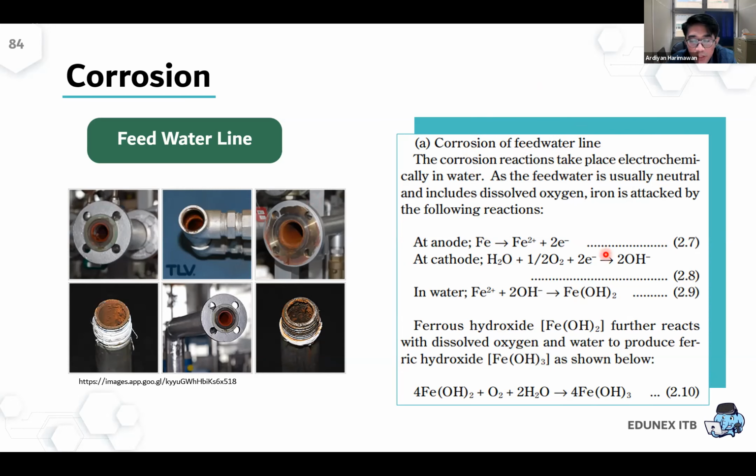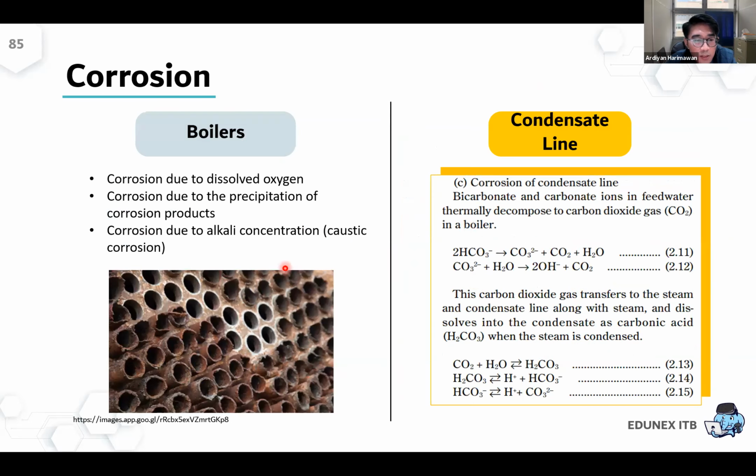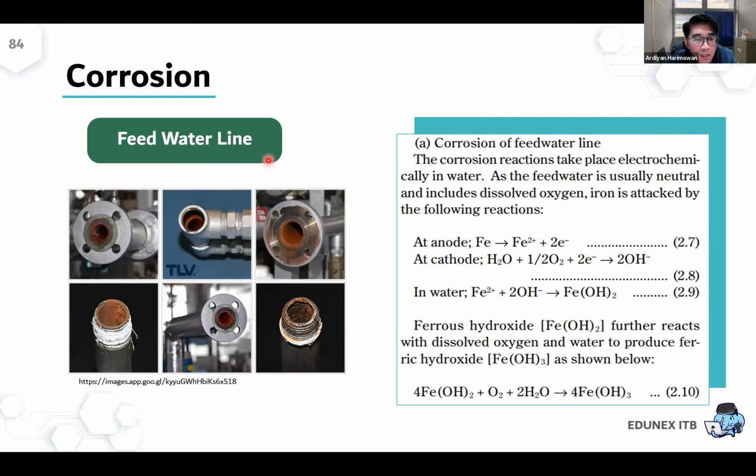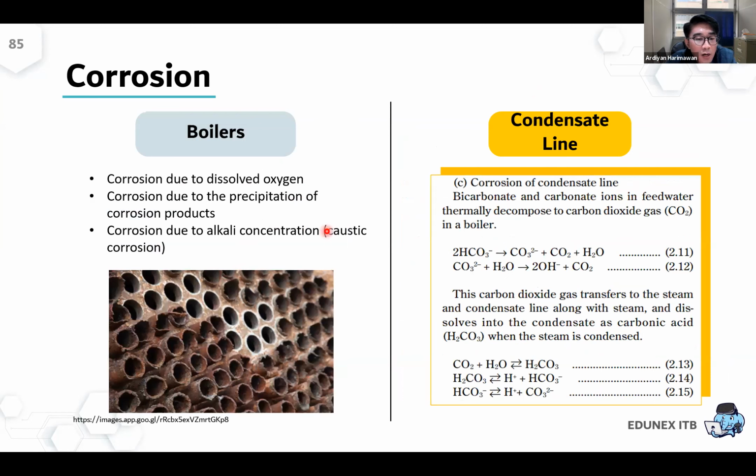Yeah, this is the reaction of the corrosion. This is the corrosion that happens in the pipeline, in the feed water line before entering the boiler, or the corrosion can also happen inside the boiler.